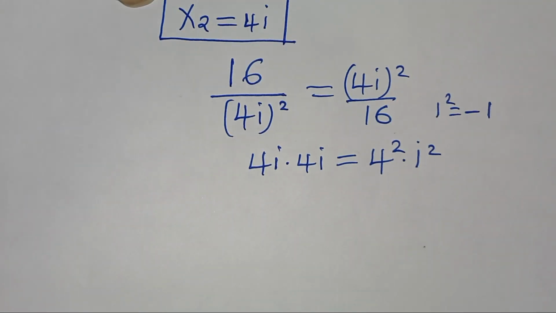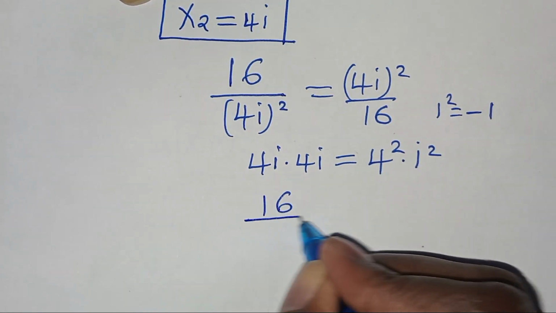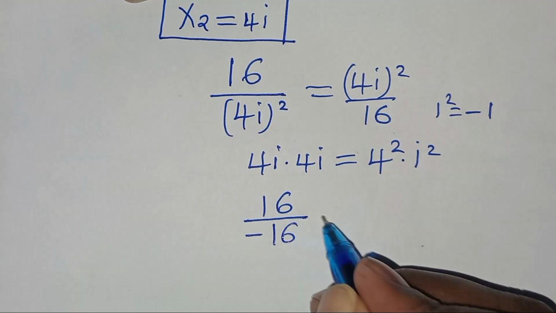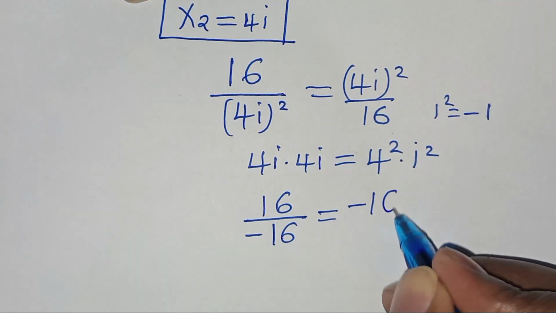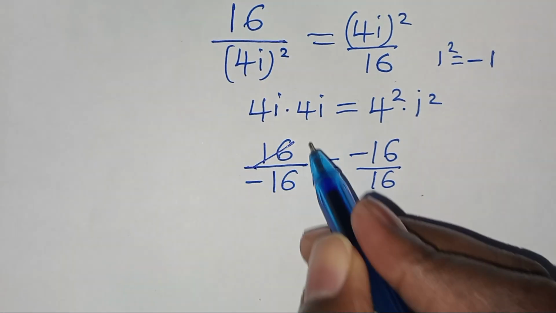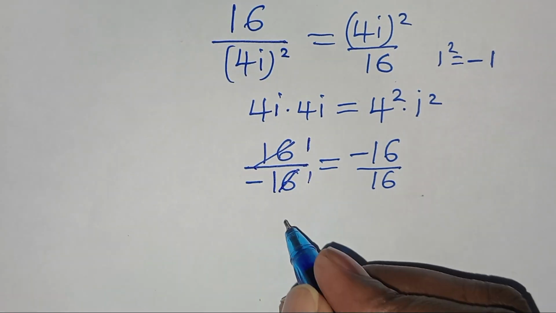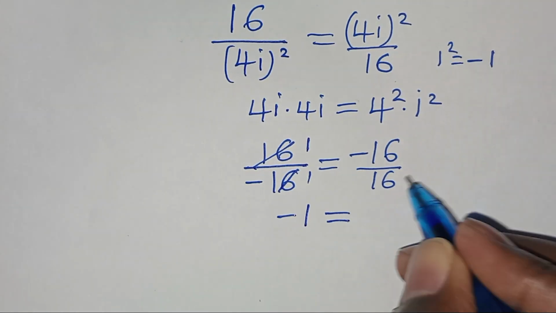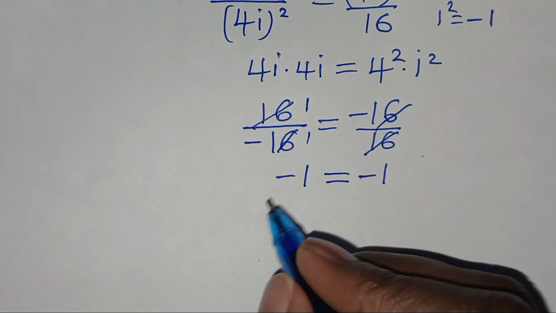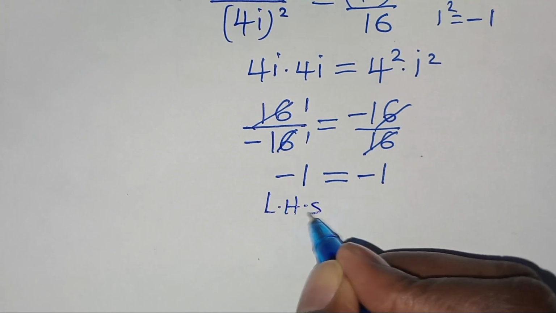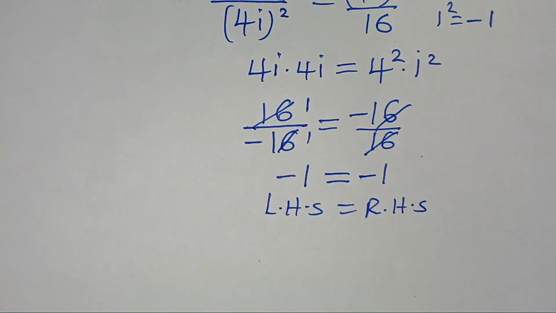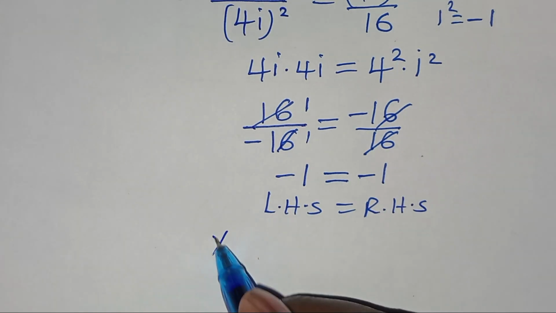So this implies here we have 16 over 4 squared is 16, so we have minus 16, which is equal to minus 16 over 16. So if you simplify, we have minus 1 is equal to minus 1. So this implies that the left hand side is equal to the right hand side. So this proves that x2 satisfies the equation.